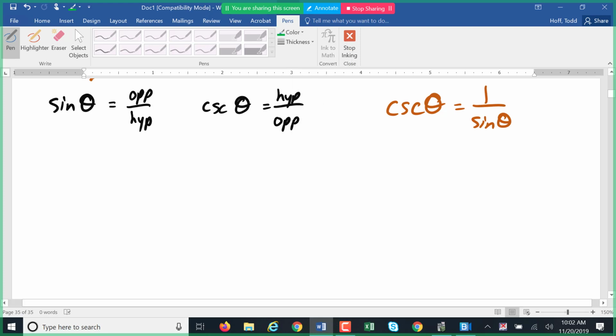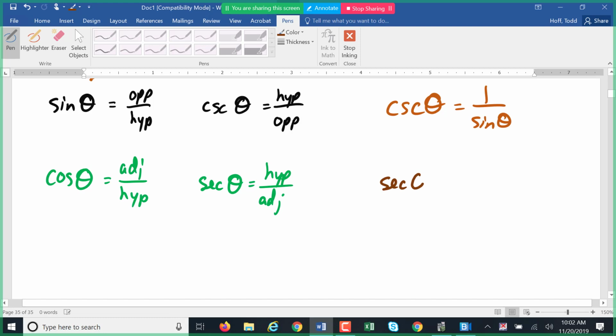Similar relationship exists for cosine. Cosine of an angle is the adjacent side length over the length of the hypotenuse. For a secant, that's the length of the hypotenuse over the length of that adjacent side. So here we see that a secant of an angle is just the reciprocal of the cosine of that same angle.